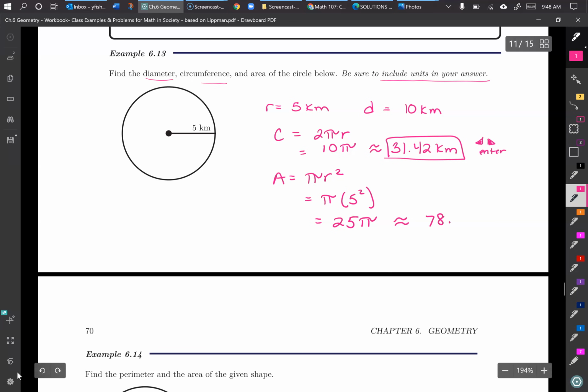It comes out to be 78.54 square kilometers. Make sure, just like when we were doing area of triangles and rectangles, you need to use square units. So those are our 3 answers for those parts.